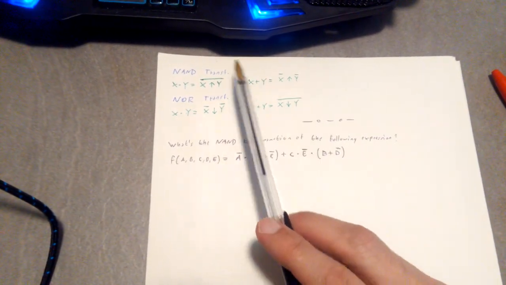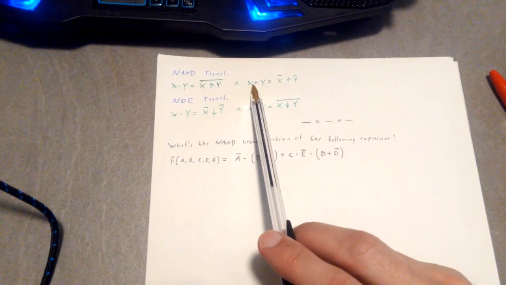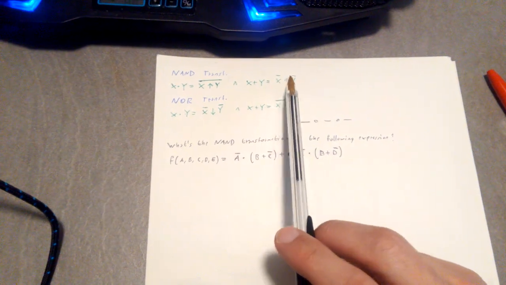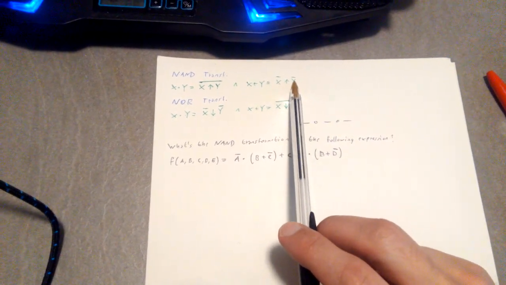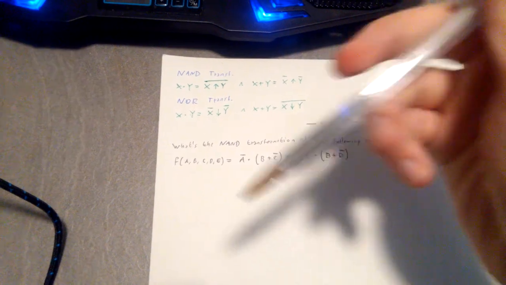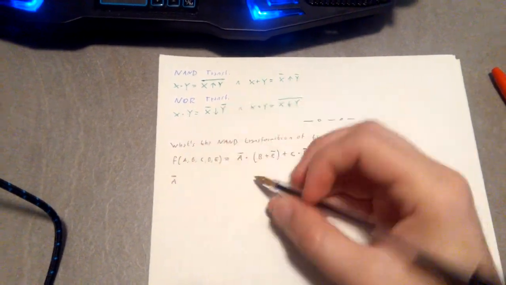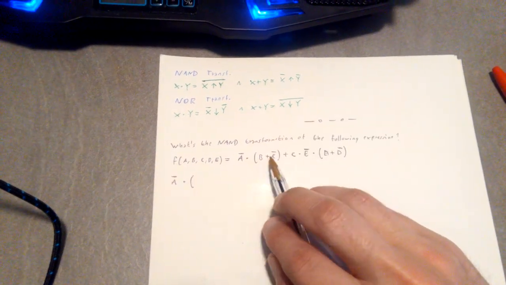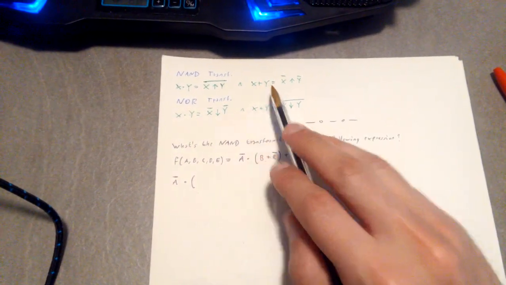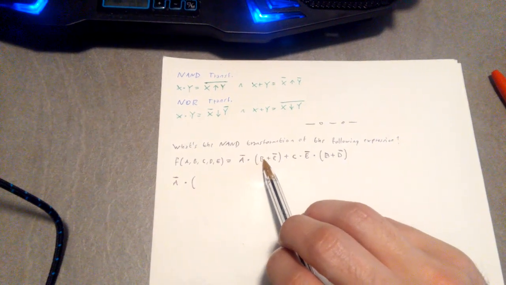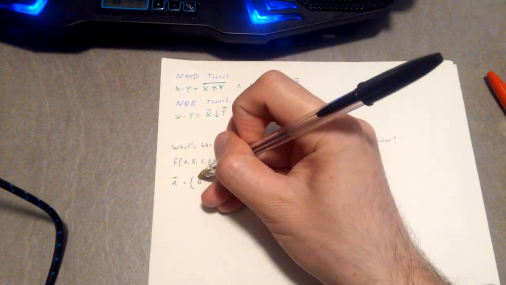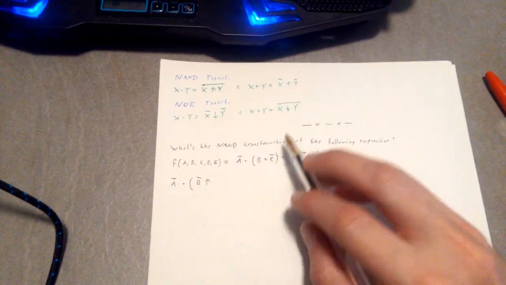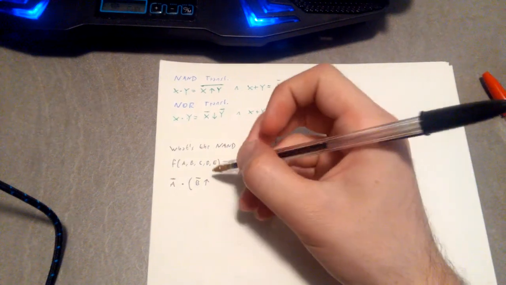Since I have a plus and I'm in the NAND transformation, x plus y will be the same as x not, arrow upwards, y not. So a not is going to stay the same, times, and now b plus c not will be b not, arrow upwards, c not not.